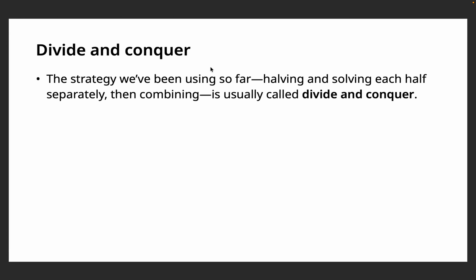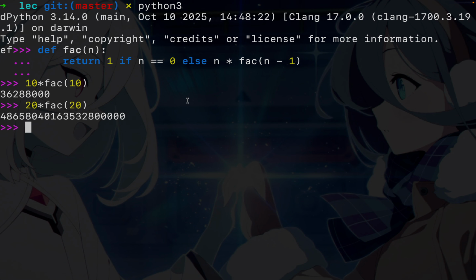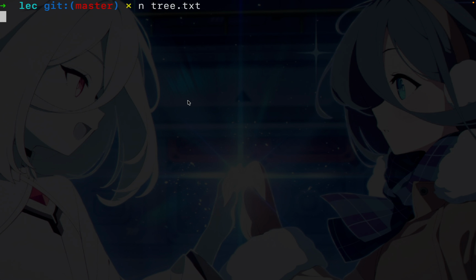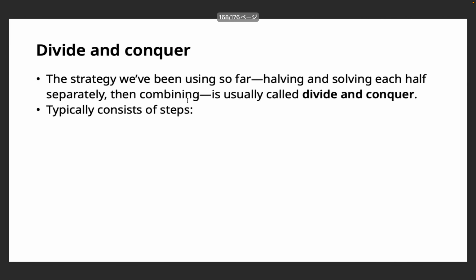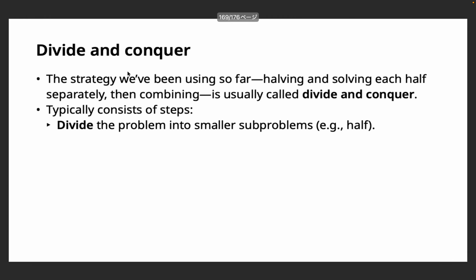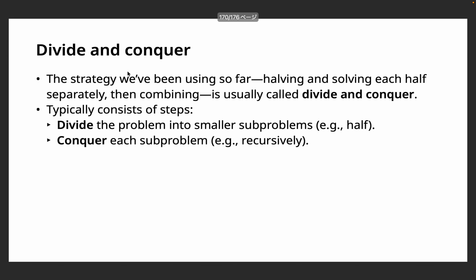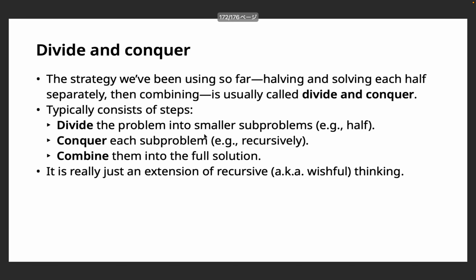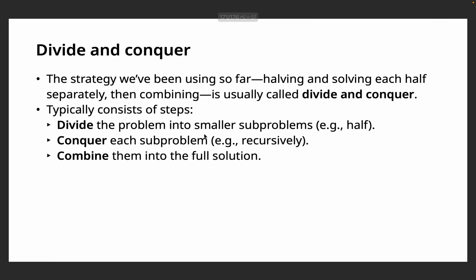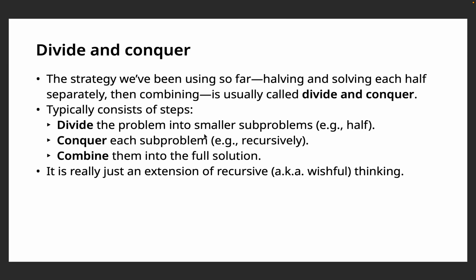Okay, so everything that we've been doing here, the binary search related stuff, as I mentioned, this is what we call divide and conquer. You divide your instance into smaller pieces, then you conquer each of those smaller pieces, then you finally combine all of them into your final answer. Okay, so this is really just wishful thinking again, except we're doing it systematically.